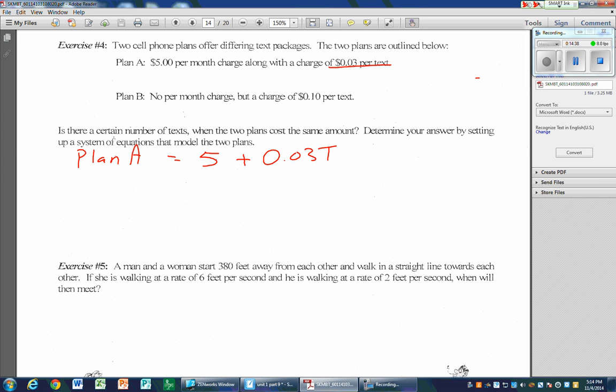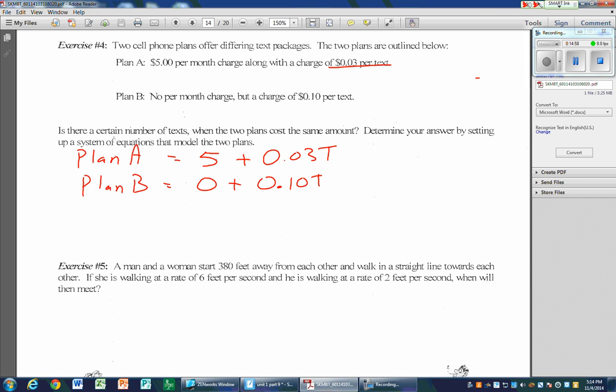That's where it's different from person to person. Plan B, there is no fixed charge, but the text is 10 cents. So that's where the change is going to be, the rate of change. So there are the two plans.